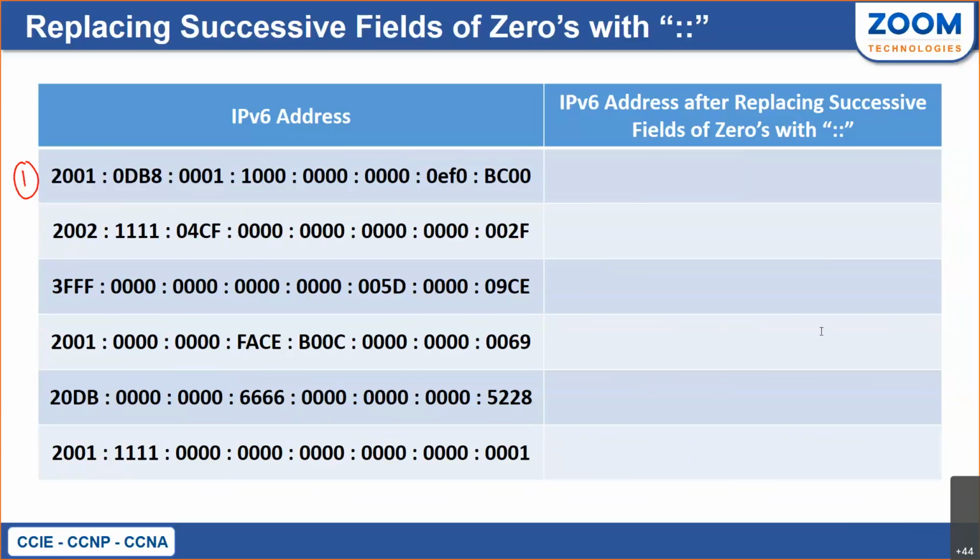So we can't omit the trailing zeros, right? Only the leading zeros. Stop texting me. I'll explain it clearly once again.